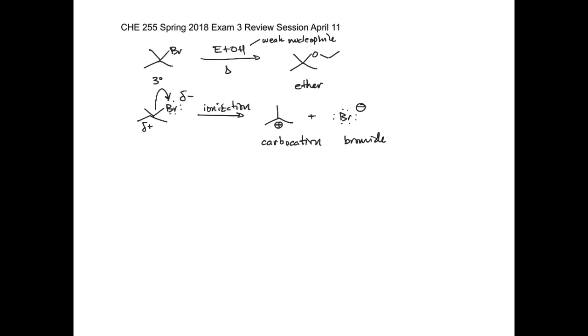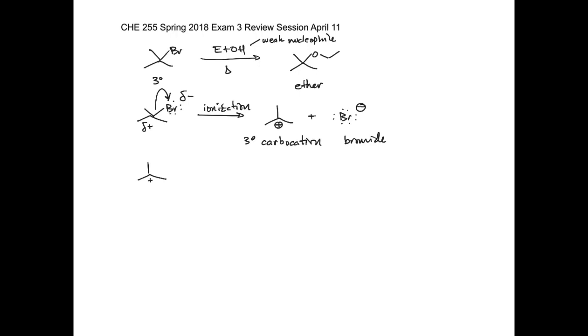And so what happens now? These things are formed in the presence of ethanol. Ethanol is the nucleophile, and it's going to trap that carbocation. This is a tertiary carbocation. We know that because we started with a tertiary bromide; it ends up as the same classification.